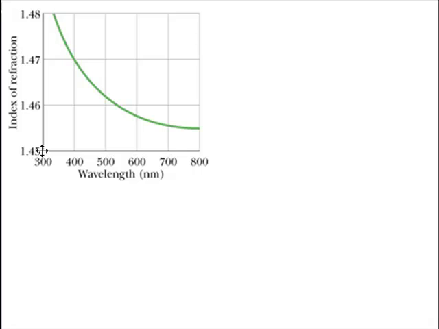However, what this does mean is that we will get a slightly different angle of refraction for purple light and blue light than we do for red light. With a larger index of refraction, blue light will bend a little bit more than red and orange light.